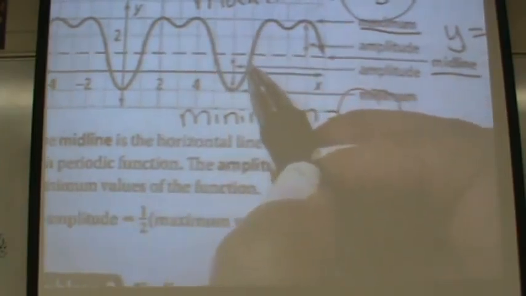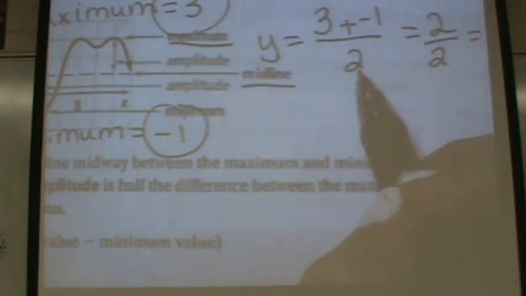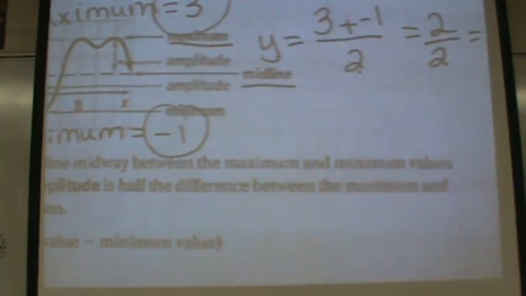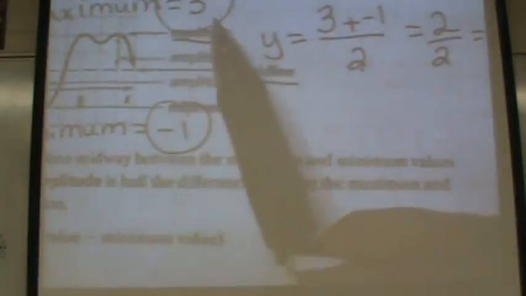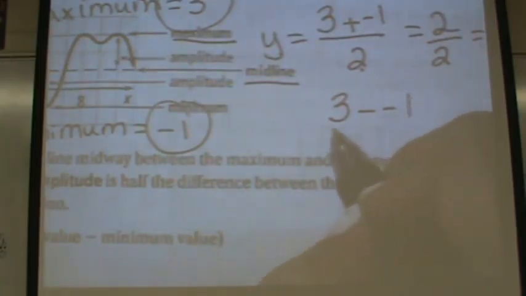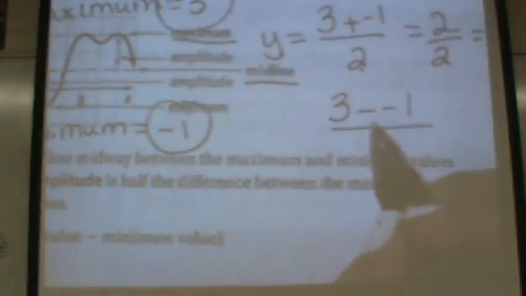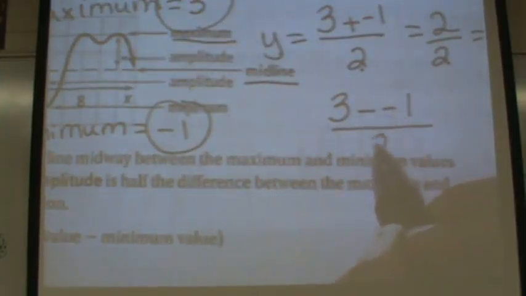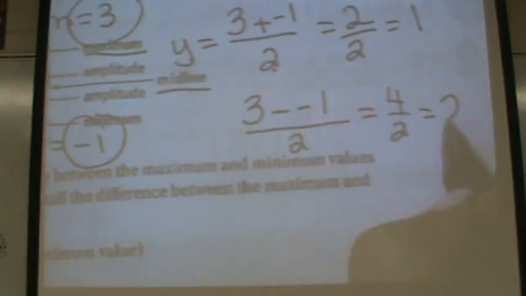Now, mathematically, how do you find the amplitude? Instead of adding the two numbers and dividing by 2, you subtract the two numbers and divide by 2. We take 3 and subtract -1, the highest number minus the lowest, and divide by 2. You get 4 over 2, which is 2.